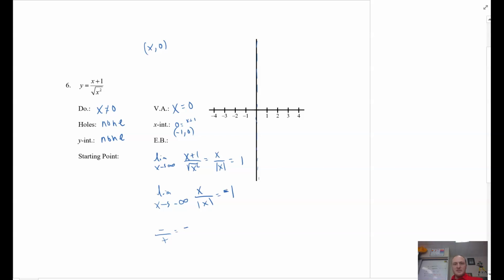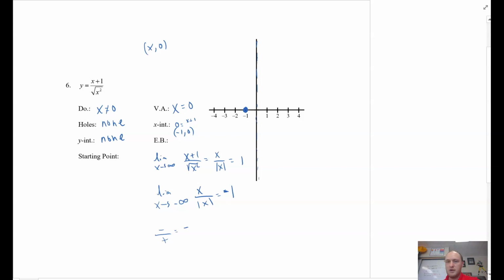So there's our information, and we're looking for a starting point. So here's what I want to do. I want to go ahead and graph this. We have a vertical asymptote at x equals 0. We have an x-intercept at -1, 0.